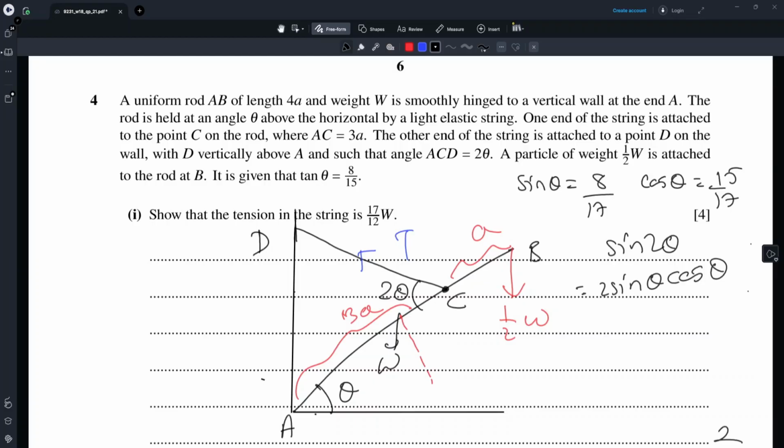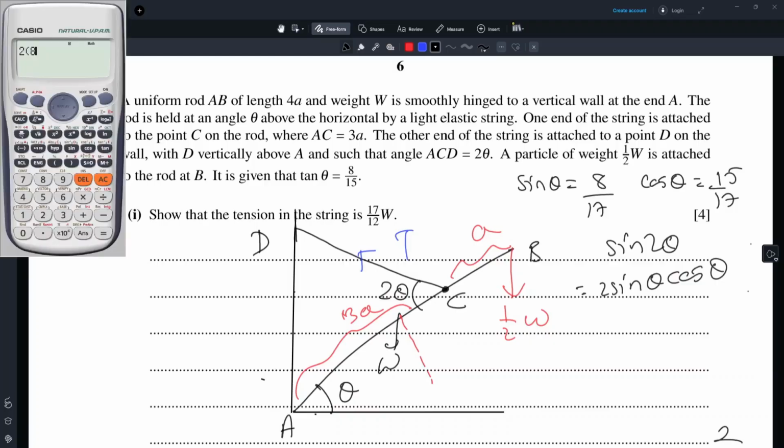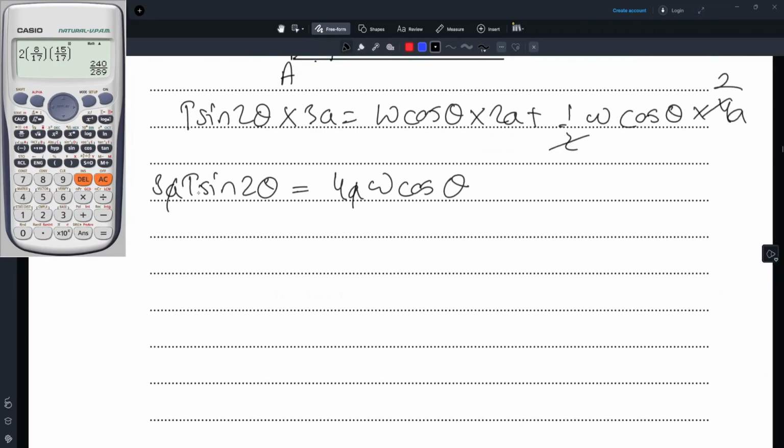So 2 times 8 by 17 times 15 by 17 gives 240 by 289. So we have 3 times 240T by 289 equals 4W times 15 by 17.